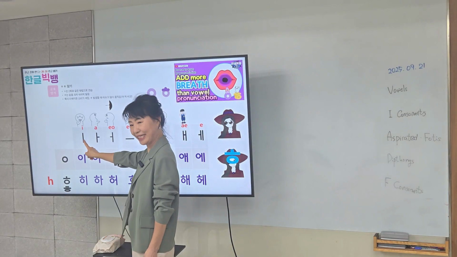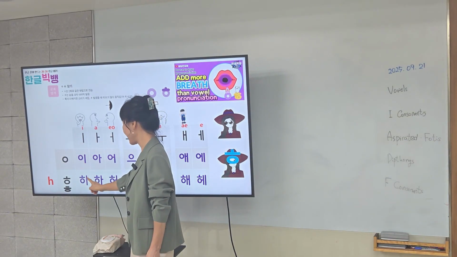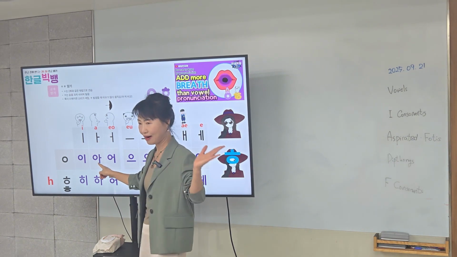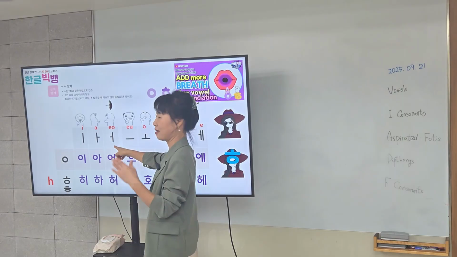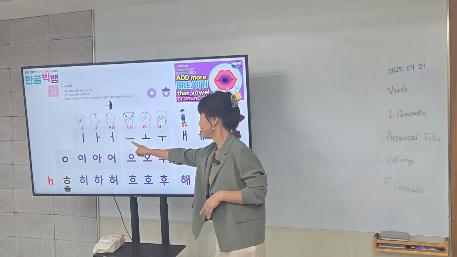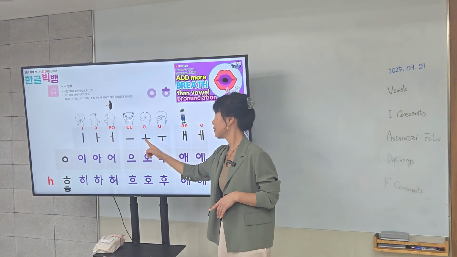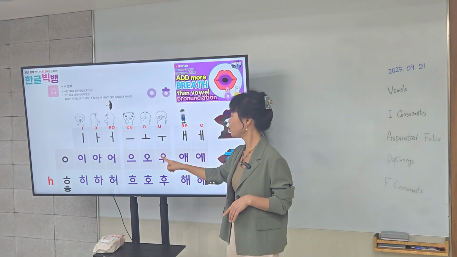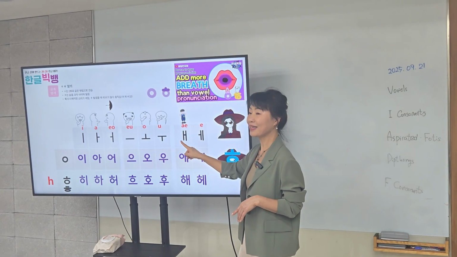So this is E, and okay, this is more, he. Good. Ha. Okay. Ho. Good. Hu.